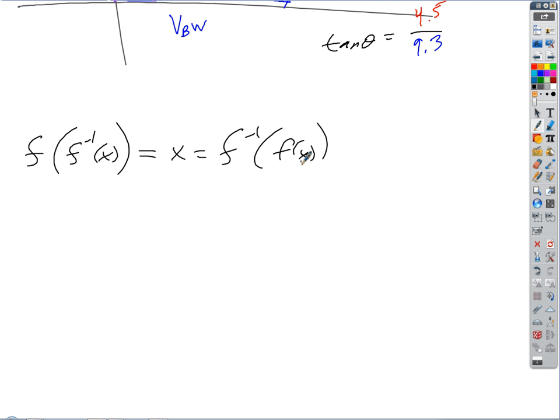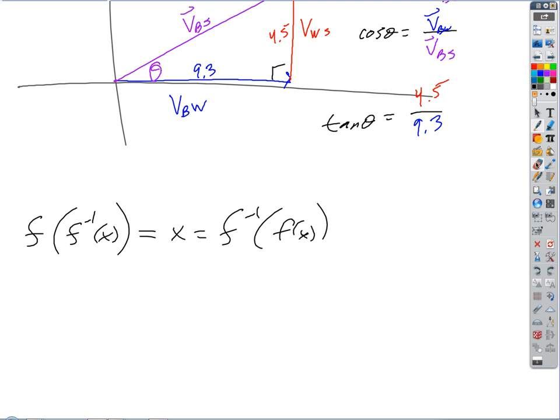So all you need to know pragmatically is that on your calculator you use the arc or inverse feature. It just says tangent to the minus 1, which is a way of writing inverse tangent.